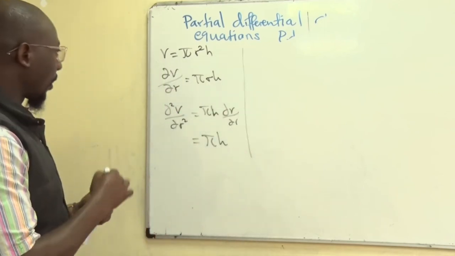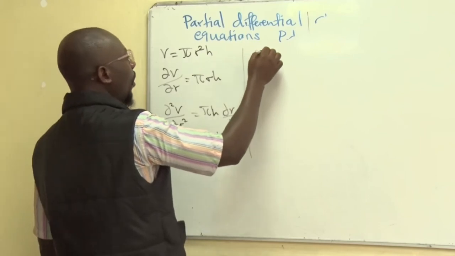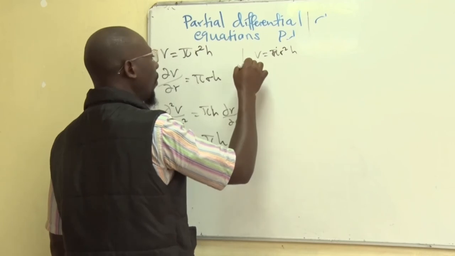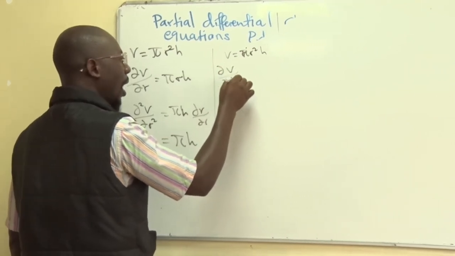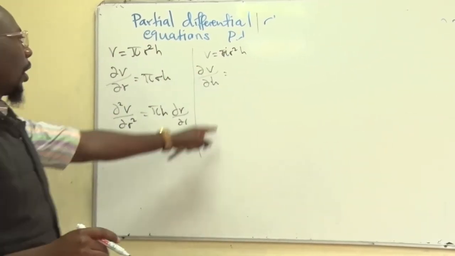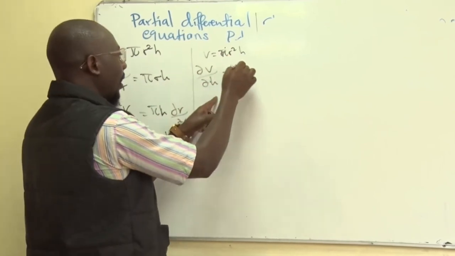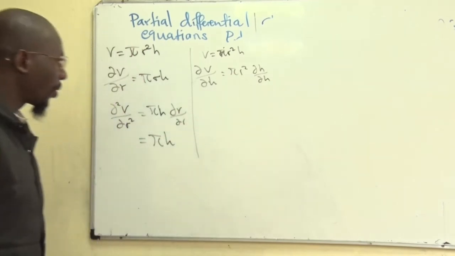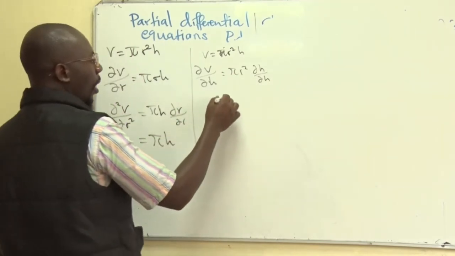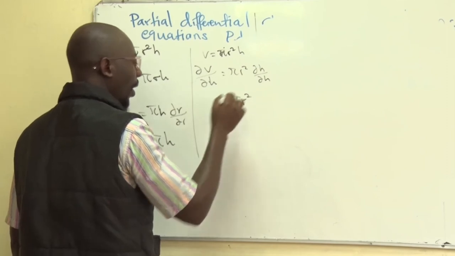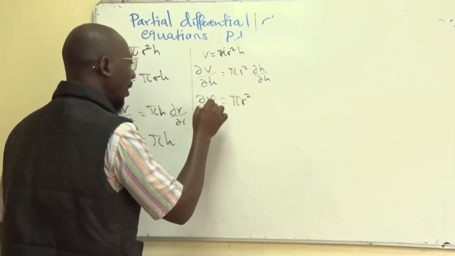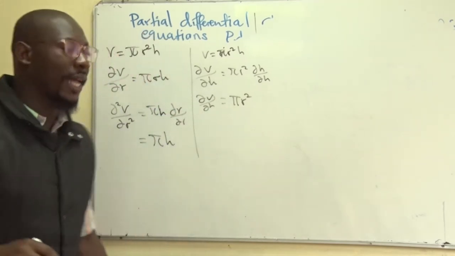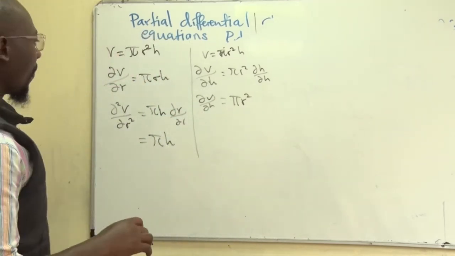Again, we found that volume v is pi r squared h. And we found dv over dh. We found this as, you treat pi r squared as a constant, then you get dh over dh, so this one becomes pi r squared as our dv over dh. What about if you now decide to differentiate this function further with respect to h again?